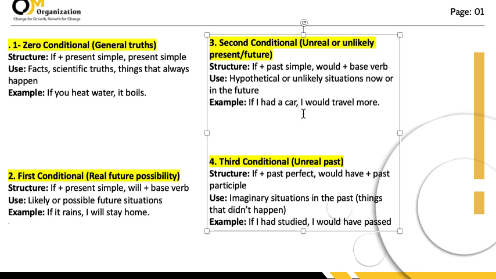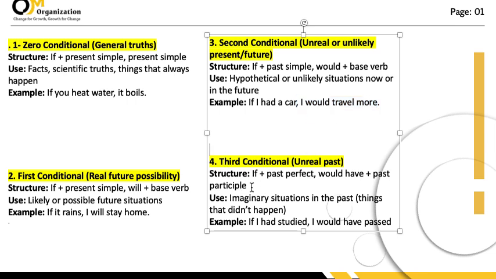Right now I cannot travel more. It has such a meaning, but this one is kind of in the past, this one is kind of in the present. This is because something didn't happen in the past, so we have a different result right now.